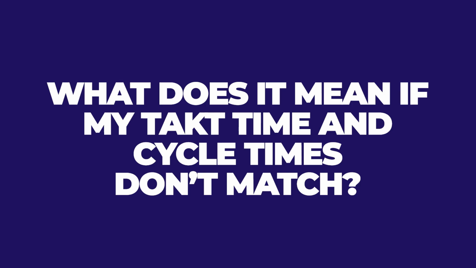What does it mean if my takt time and cycle times don't match? Well, let's look at it like this. Let's say your takt time is every 3 days, and your cycle time is 3.5 days. You won't have enough time, it won't work. Let's say it only takes 2 days, you'll have too much of a buffer and you'll be wasting time. If they don't match, you'll have production problems and somebody will suffer. The ideal is if you had a 3-day takt time, that every crew finishes between 2 3/4 days and 2 1/4 days with a little bit of a buffer.